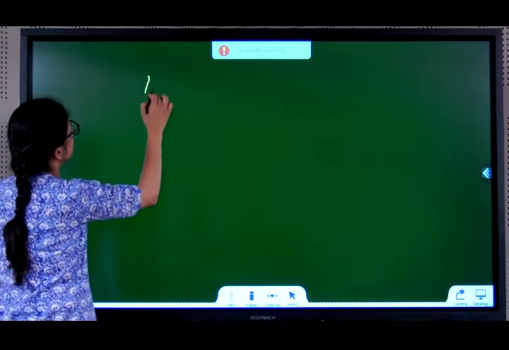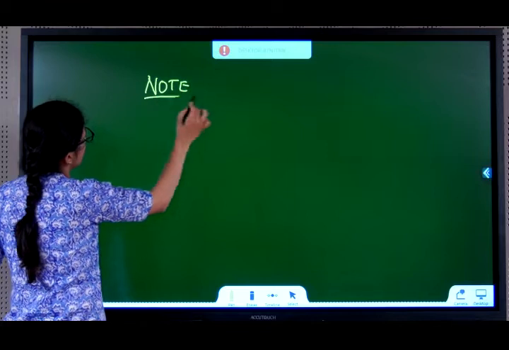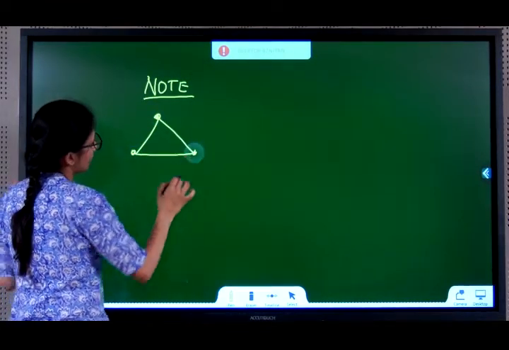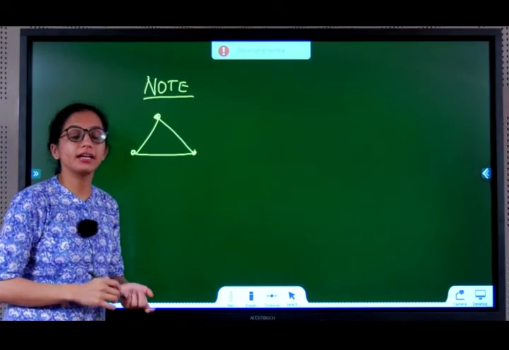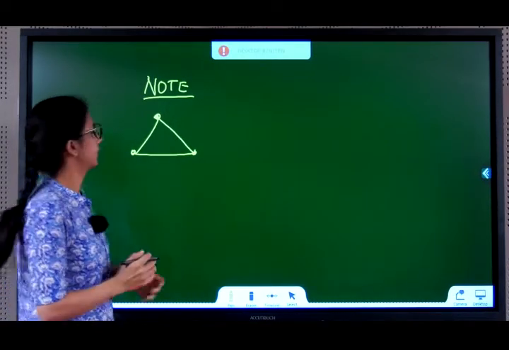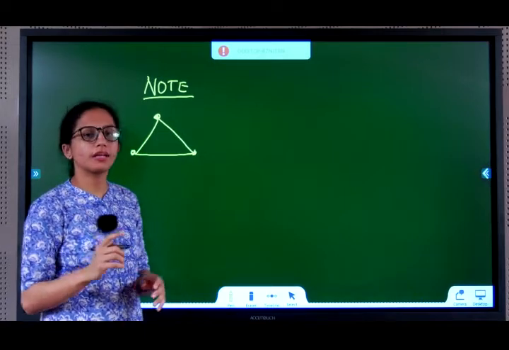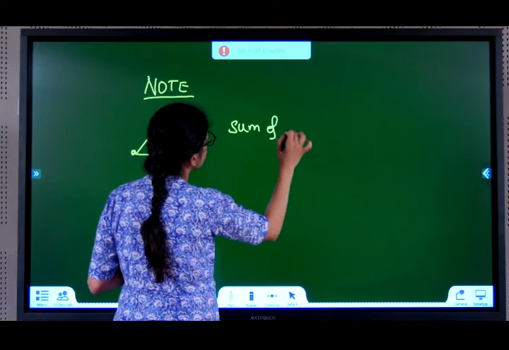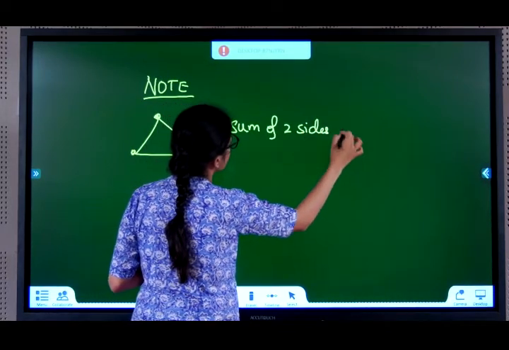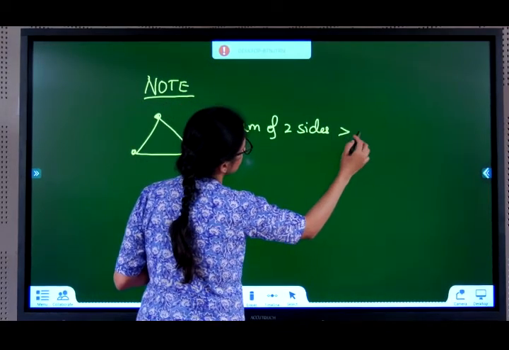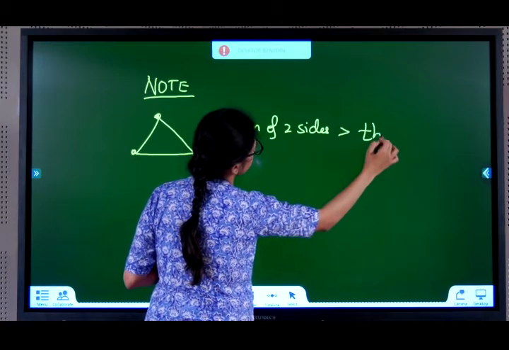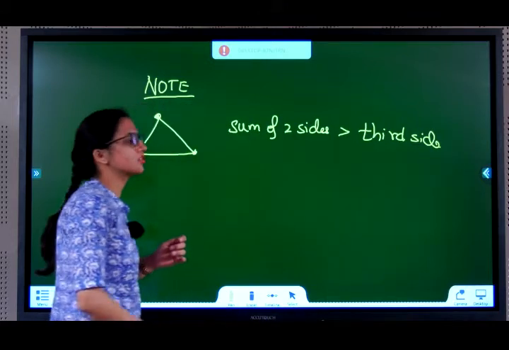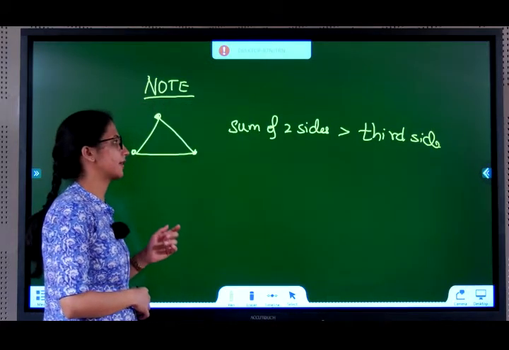So, small note, if they give you 3 points and they tell you check if it forms a triangle and what kind of a triangle does it form. 3 points will form a triangle only if sum of two sides is greater than the third side. Sum of two sides is always greater than the third side.